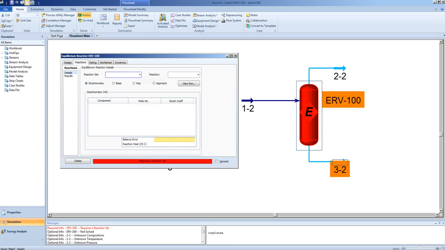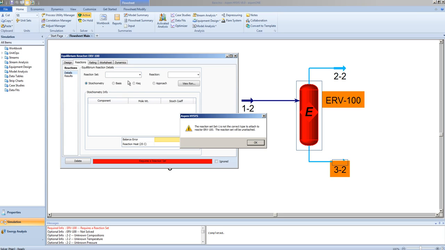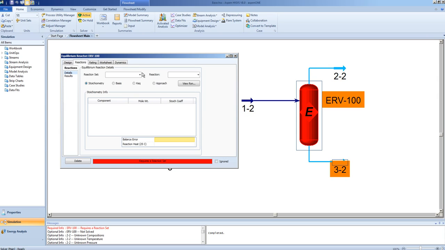But we need to specify which reaction set will be utilized. The second reaction set is the one that had the equilibrium reaction. The first reaction set was the one that had the conversion reaction. If we try to use reaction set 1, it would tell us reaction set 1 is not of the correct type because it is a conversion reaction and not usable in an equilibrium reactor.